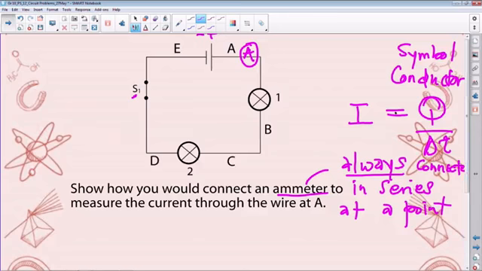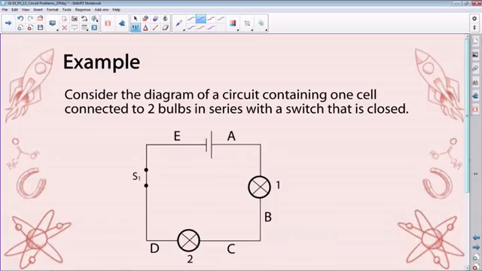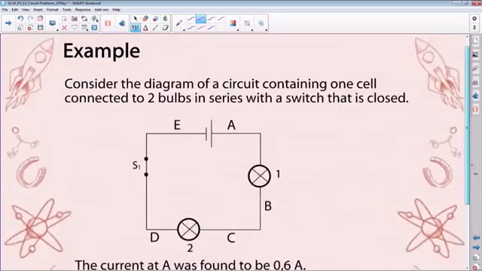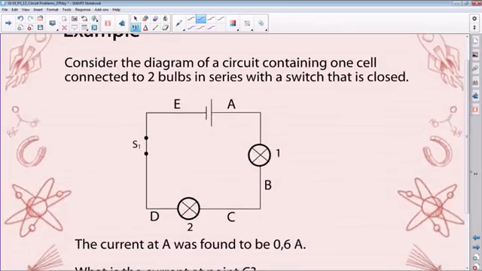Let's check the other problem again. On the same diagram, we are told that this still contains the same cells, 1 cell and 2 light bulbs that are connected in series. We were told that the current at A is equal to 0.6 amperes.